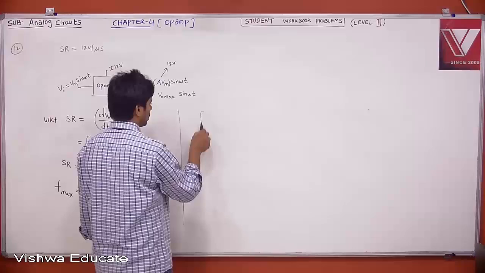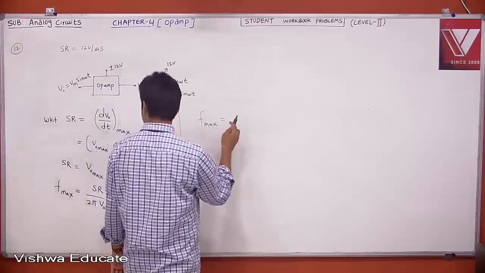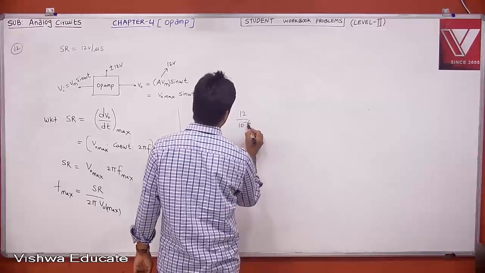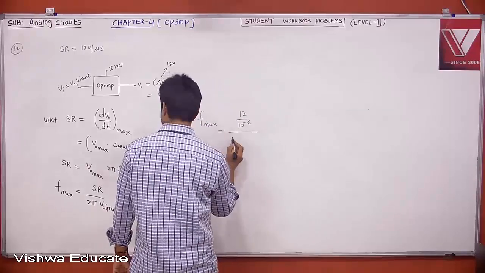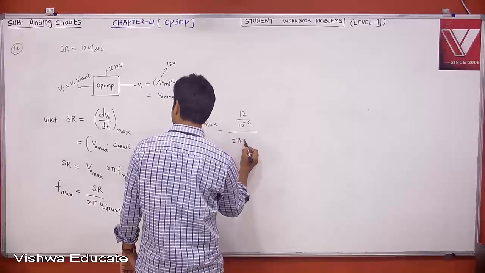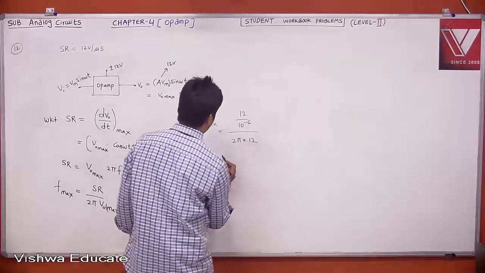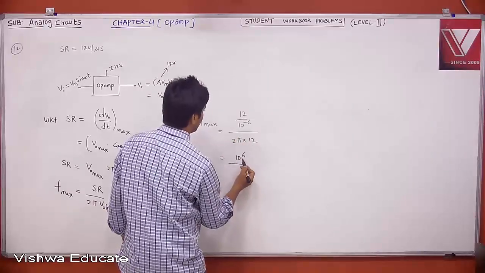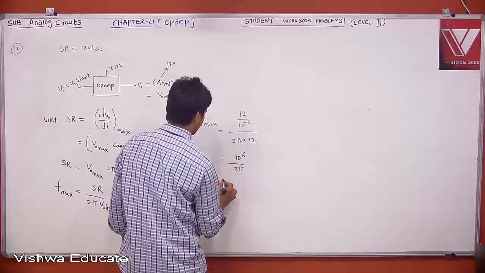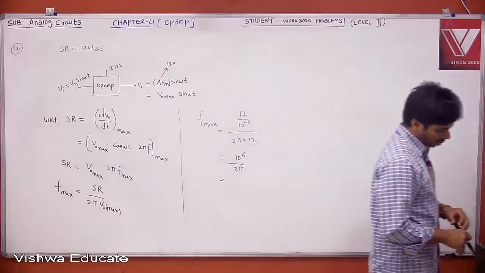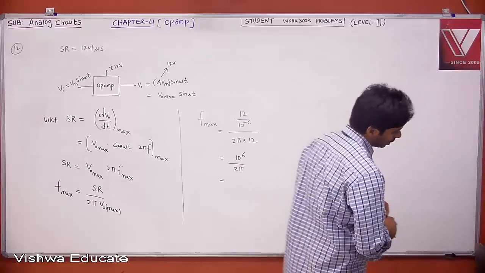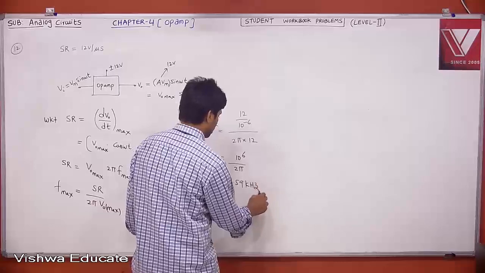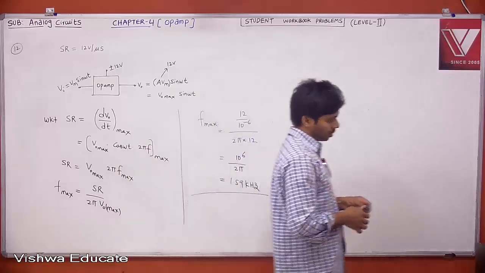Therefore what is your f max? Your f max is equal to slew rate, which is 12 volt per microsecond, that is 12 divided by 10 to the power of minus 6, divided by 2 into pi into V0 maximum, that is 12. The 12 will be cancelled, then 10 to the power of 6 divided by 2 pi. If you solve, you will get 1.59 kilohertz. This is your maximum.